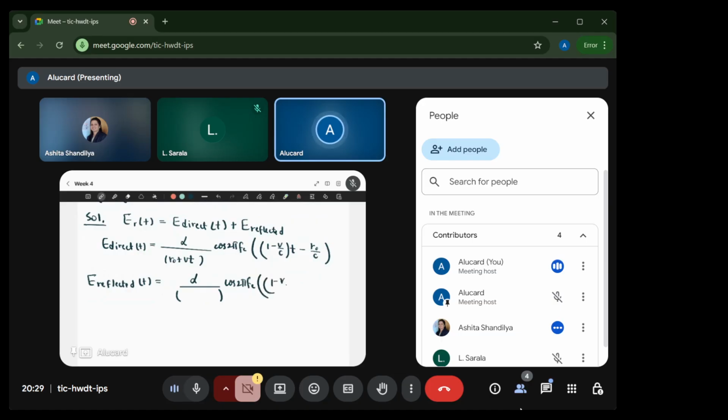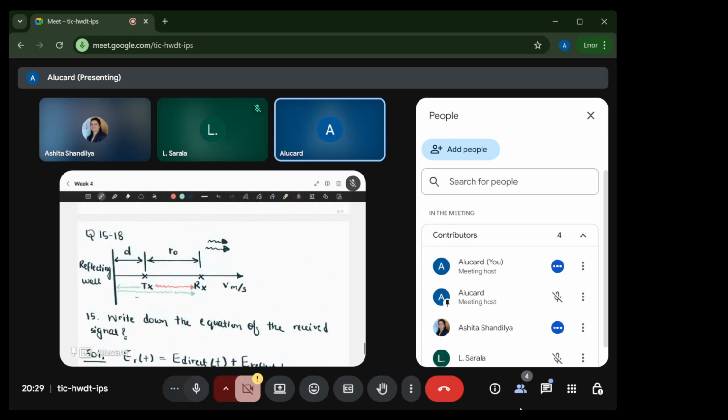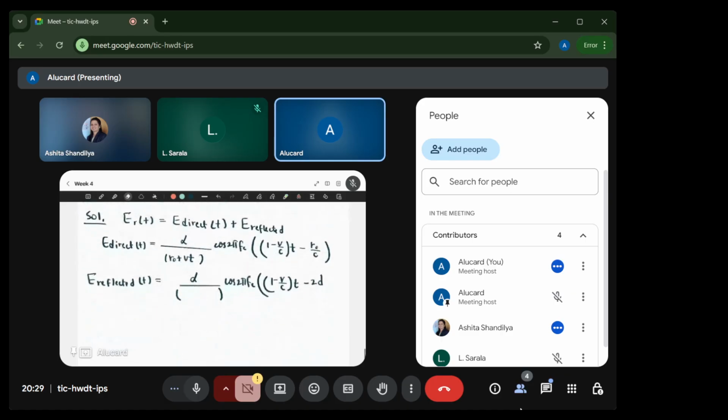So direct or indirect, the Doppler is the same: 1 minus v over c times t, minus the phase shift. This indirect component is traveling an additional 2d distance. So it has to go this way and come back. This is 2d distance on top of the R0 distance that it has traveled. So it's 2d plus R0. Okay, you write it down yourself. What is the factor here?